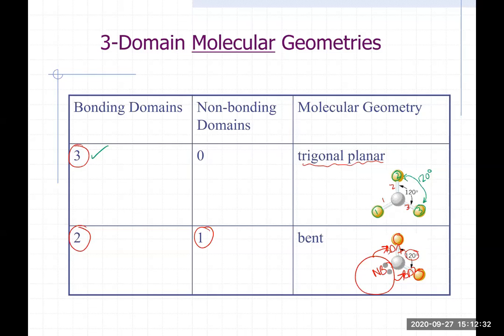All I want you to know is that we're talking about 120 degree bond angles because we have 3 electron domains. So for 3 electron domains, you memorize approximately 120 degree bond angle. And then you should be able to explain to me, if you have that lone pair, it has more electronic charge, therefore more energy, therefore more repulsive force, and it's going to press on the other bonds and compress them a little bit closer together.